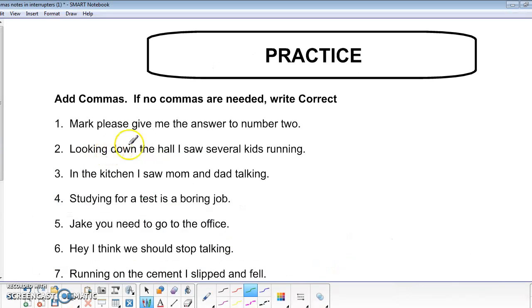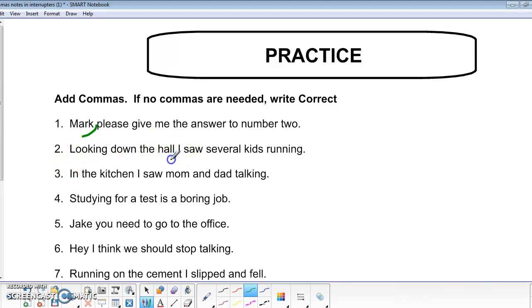So add commas to this. If no commas are needed, write correct. Let's do some of these together, and then I will have the answer key for you so you can check how you're doing on the other ones. "Mark, please give me the answer to number 2." Comma after Mark. "Looking down the hall, I saw several kids running."